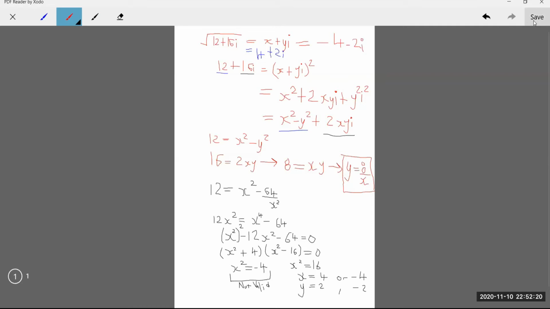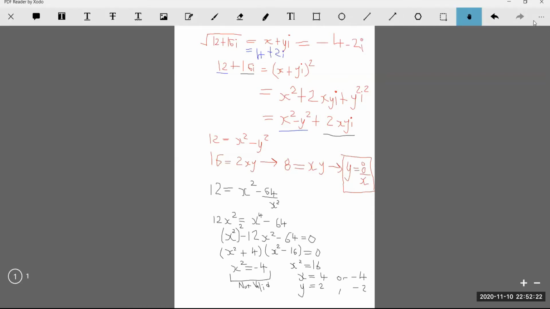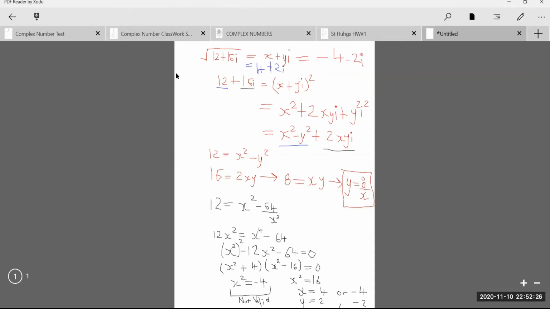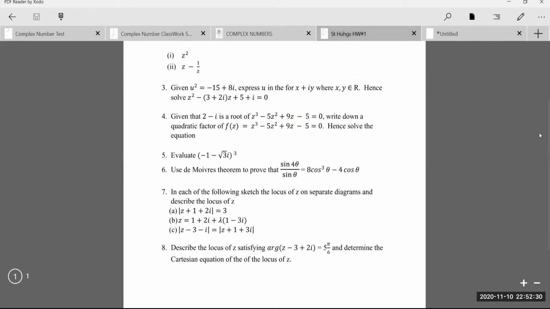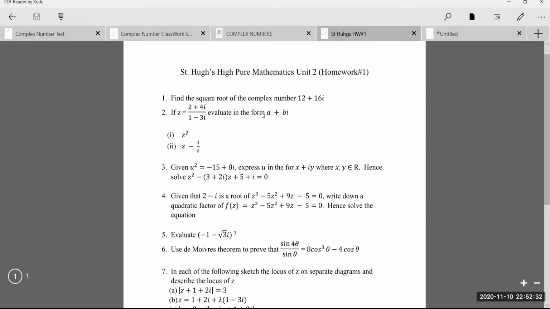All right, now that we've gotten that, let's look at the next question. Could I space this and do it on the same sheet? Let me see if I can space this. Yes, I can.